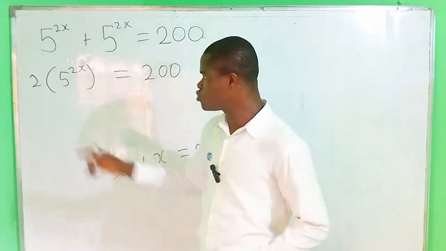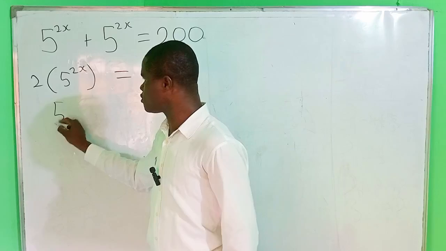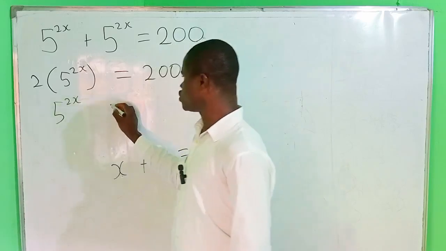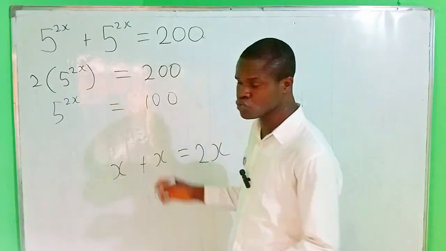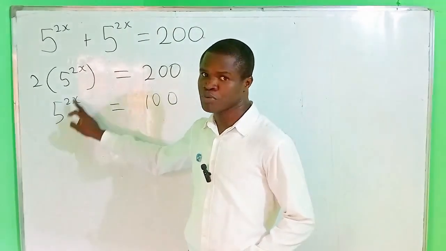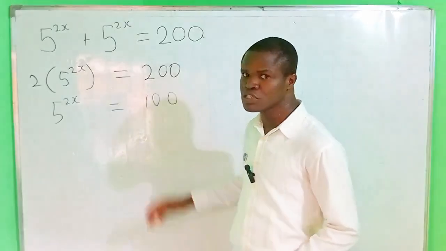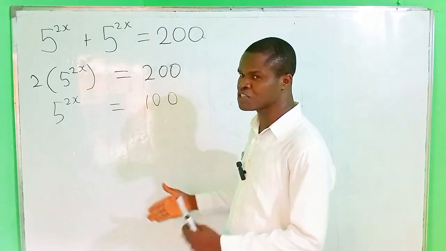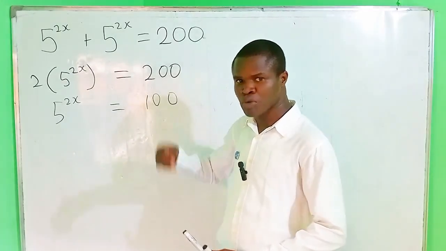The next thing I'm going to do is to divide both sides by 2. So this becomes 5 raised to the power 2x is equal to 100. Since this is 5 raised to the power 2x, the base here is 5. I'm going to break down 100 into 4 times 25 so that I can write that 25 as 5 raised to the power 2.